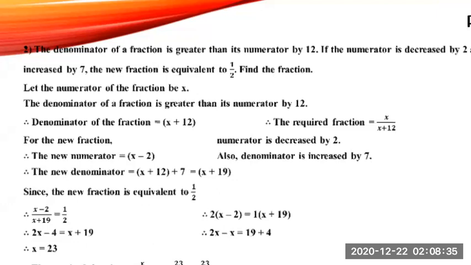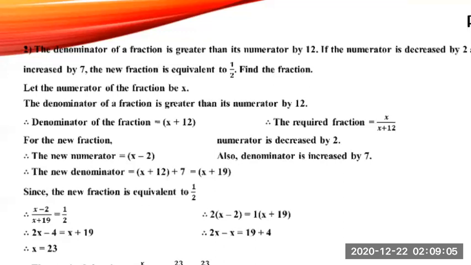If the numerator is decreased by 12 and the denominator is increased by 7, the new fraction is equivalent to 1 upon 2. Find the fraction. Once again, I am reading the question. Listen to it properly. Denominator of a fraction is greater than its numerator by 12.